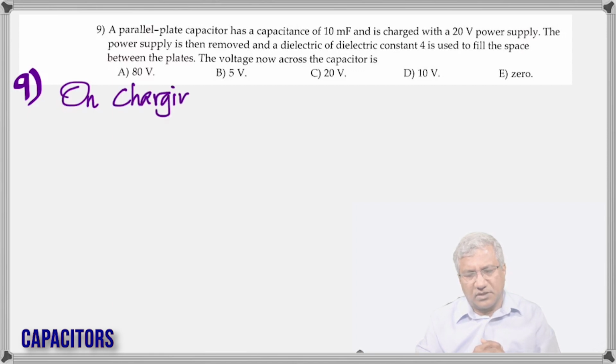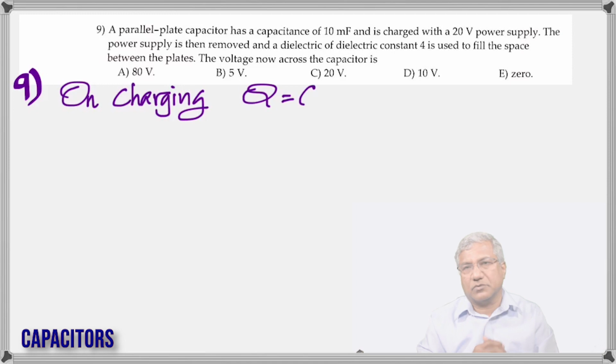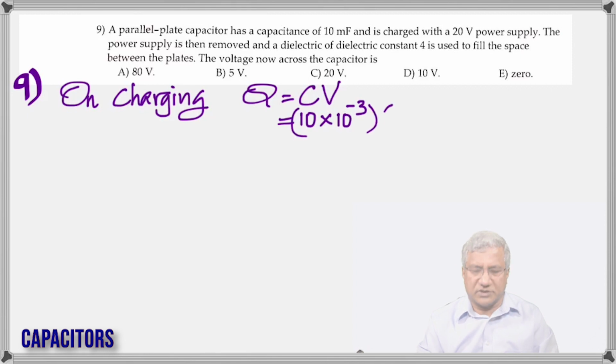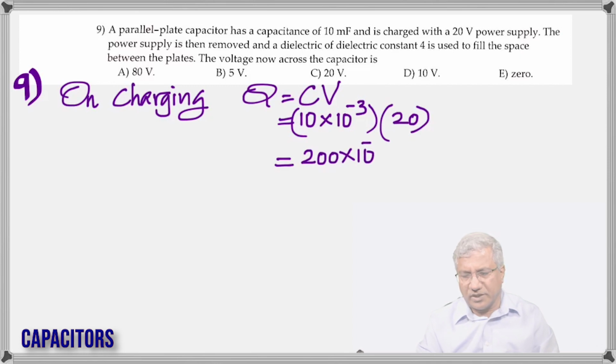So on charging, Q, we're trying to find the charge because we know it stays the same. Charge is the product of capacitance and voltage. 10 milli. Milli is 10 to the negative 3, times 20. So you got the charge.